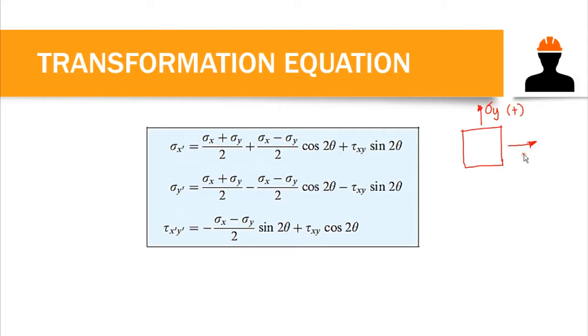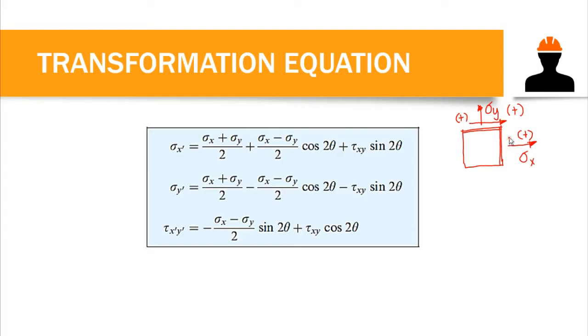And as with this one, if we have stress x acting away from our stress element's face, this is tensile, so that's positive. Now, for the shear stress, if we have our shear stress on the positive face, and the direction of our shear stress here is towards the positive x-axis, then that's positive.